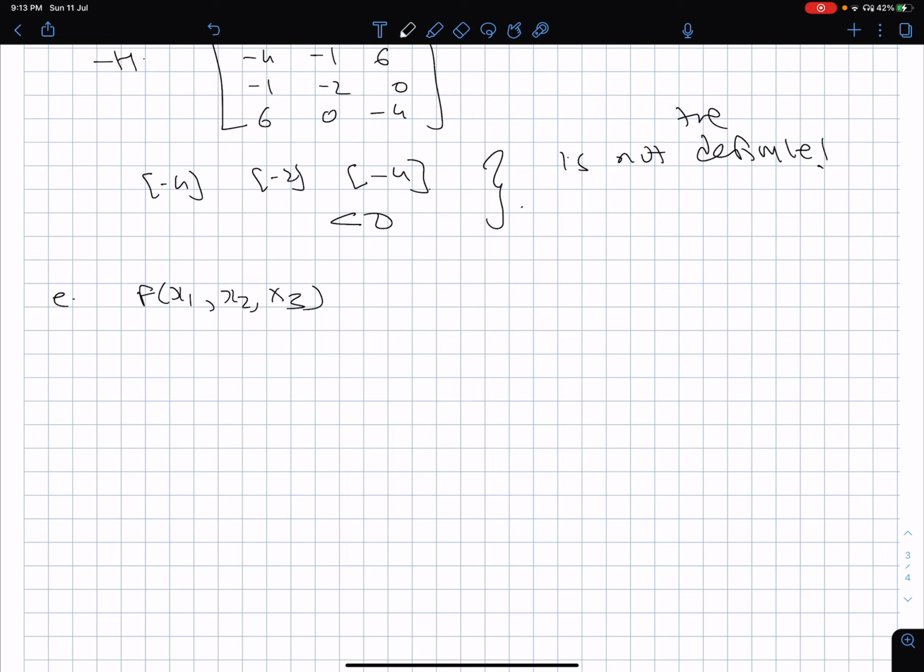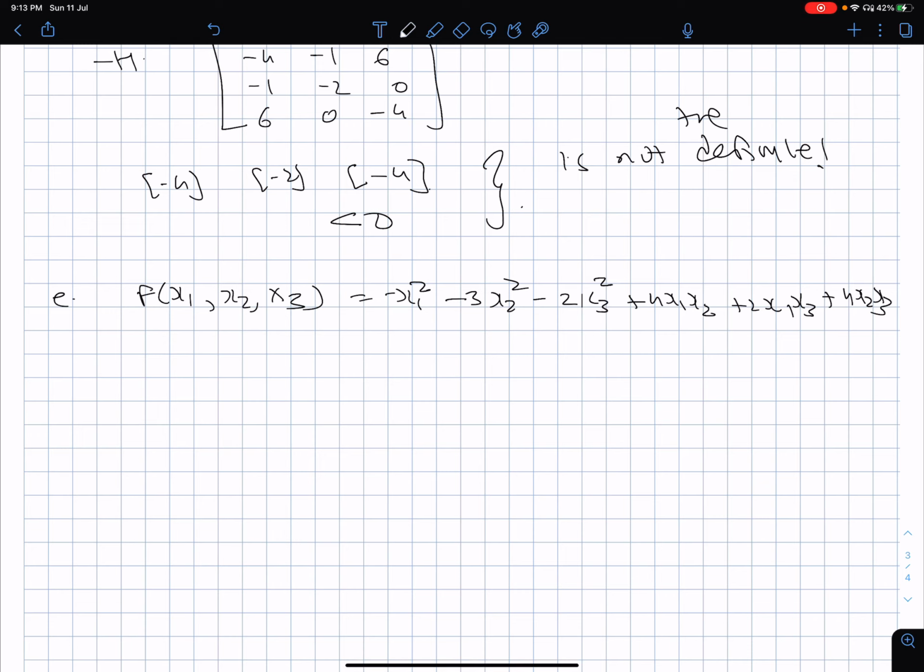f of x1 x2 x3, which is minus of x1 square minus of 3x2 square minus of 2x3 square plus of 4x1 x2 plus of 2x1 x3 plus of 4x2 x3.